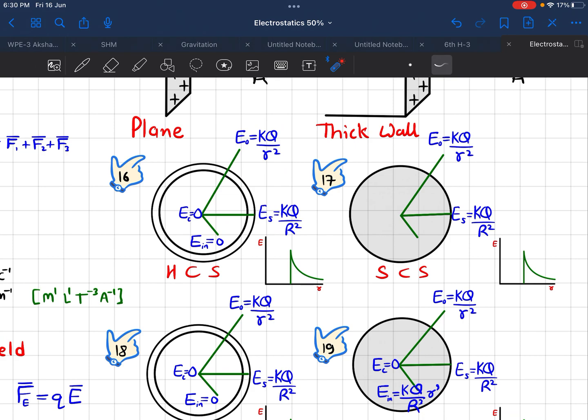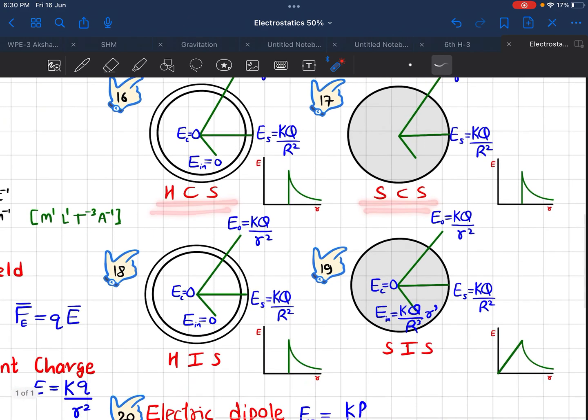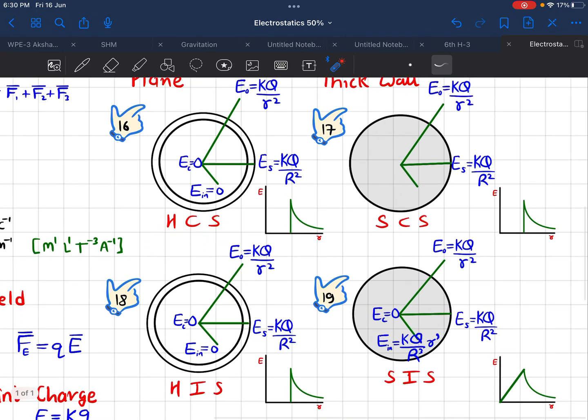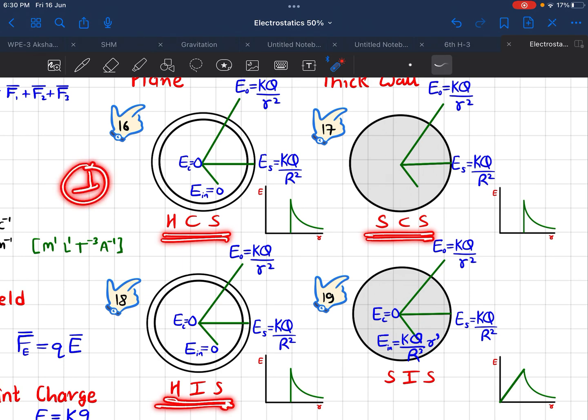I am saying again, hollow conducting sphere, solid conducting sphere, and hollow insulating sphere. All three spheres have the same formulas. Number 1, electric field intensity at the center is 0. Number 2, electric field intensity inside the sphere is 0.